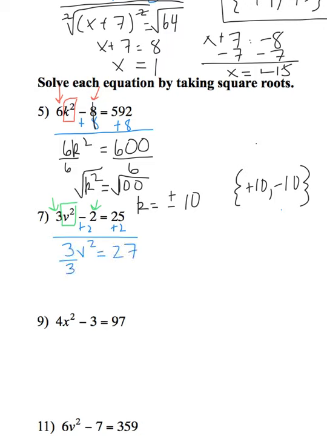Divide by 3, and you're left with v squared equals positive 9. At this point, we have isolated our squared term, so we can take the square root of both sides and get v equals positive 3 and negative 3. Again, if we wrote it in set notation, it'd be positive 3 and negative 3.